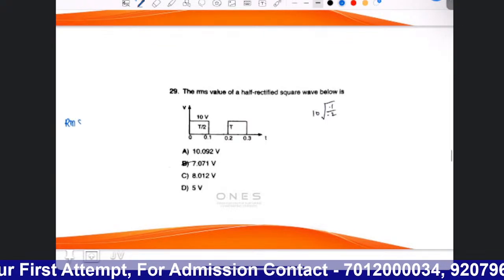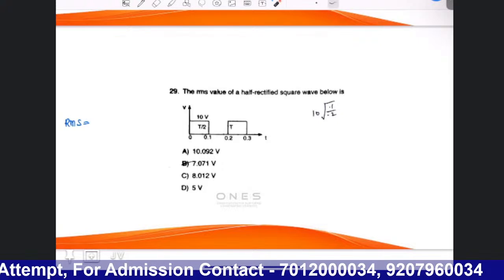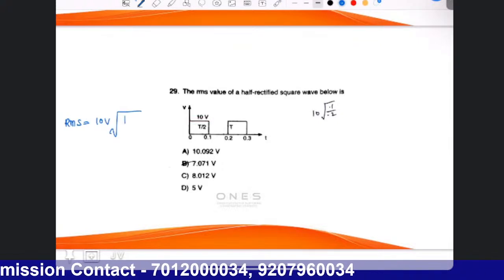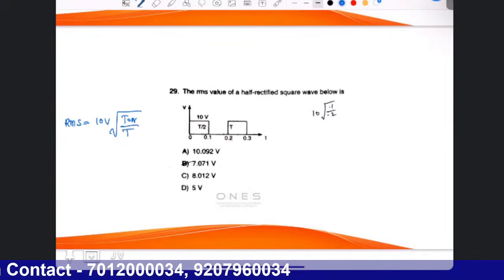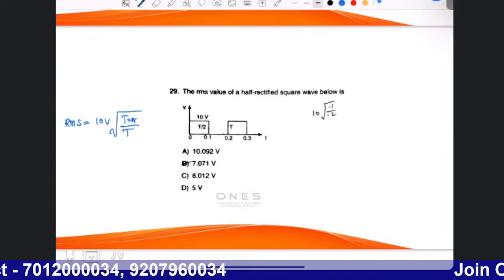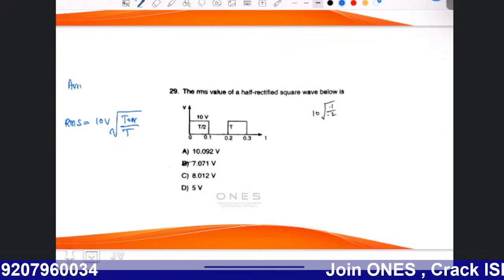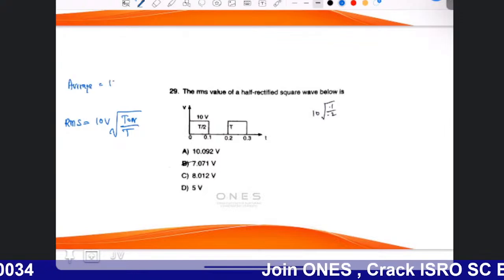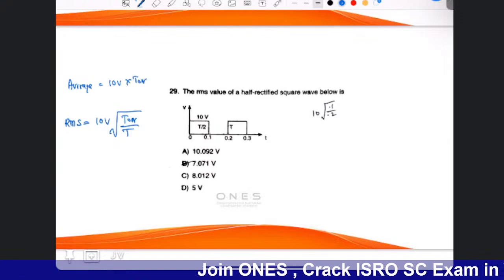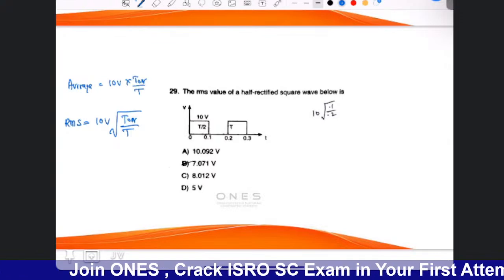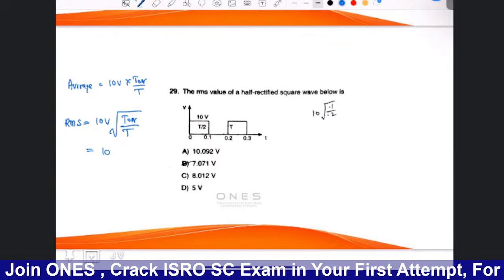Okay. Question number 29. The RMS value of a half rectified square wave is, see, what will be its RMS value? RMS value will be amplitude, 10 volt, into T on by T. RMS will be 10 volt into square root of T on by T. If average was asked, it would be 10 volt into just T on by T. Since it is RMS, you have to take the square root of T on by T. So this will be 10.